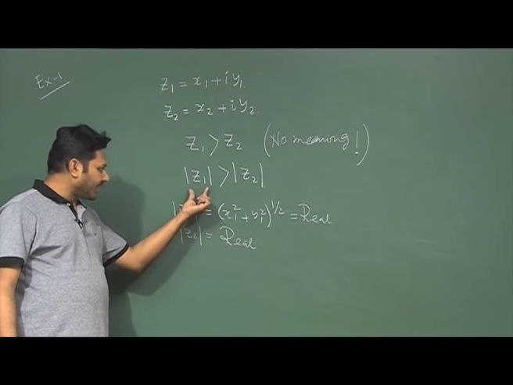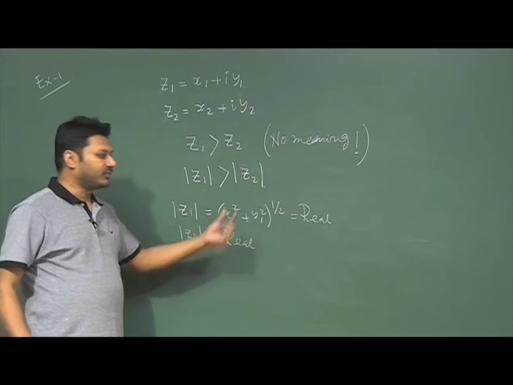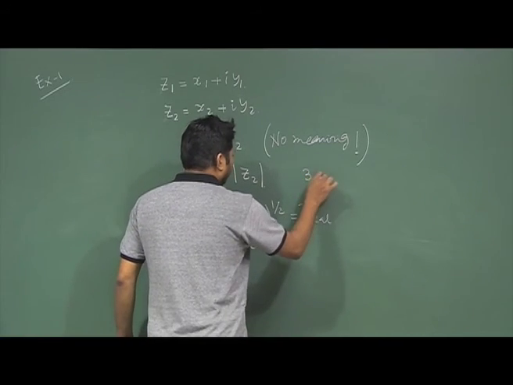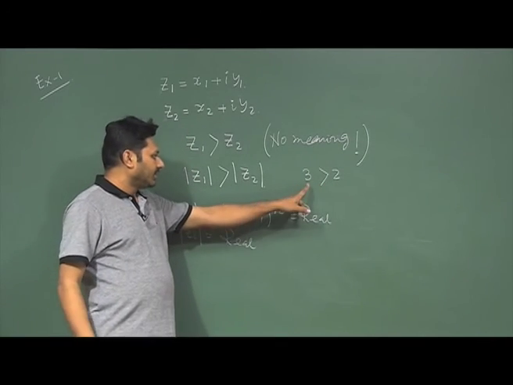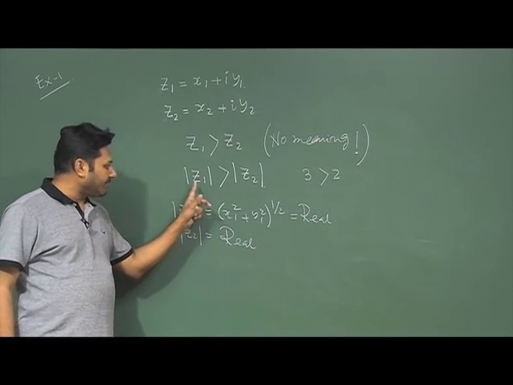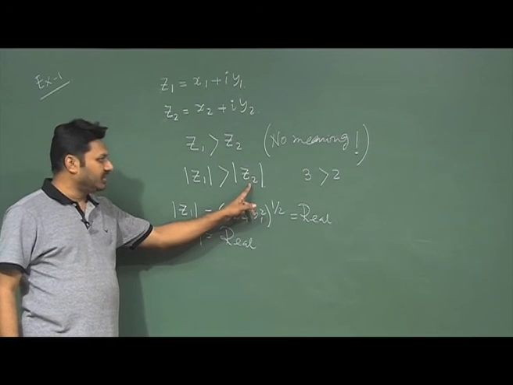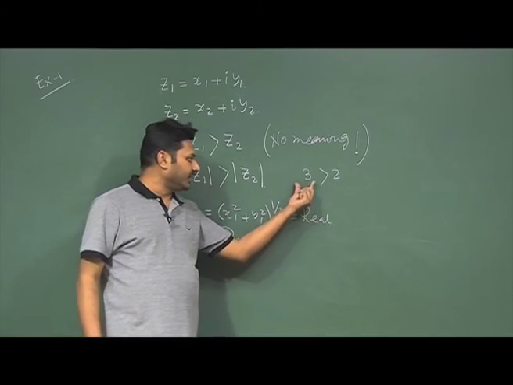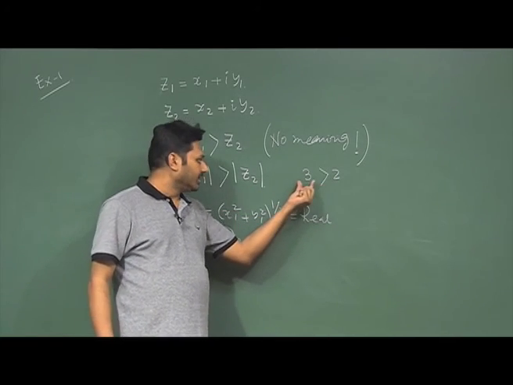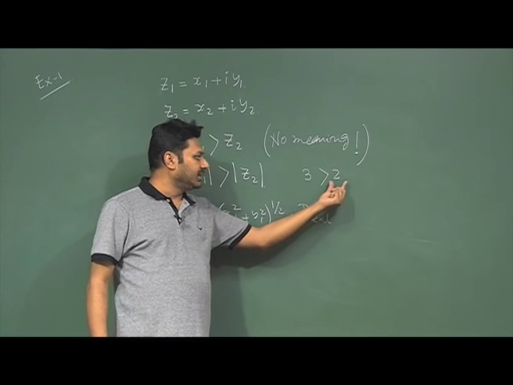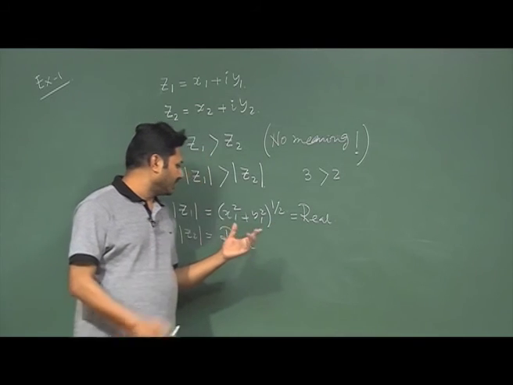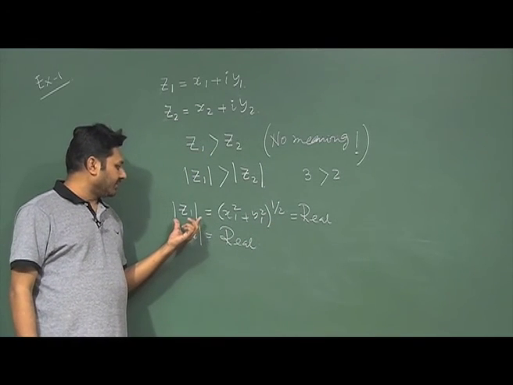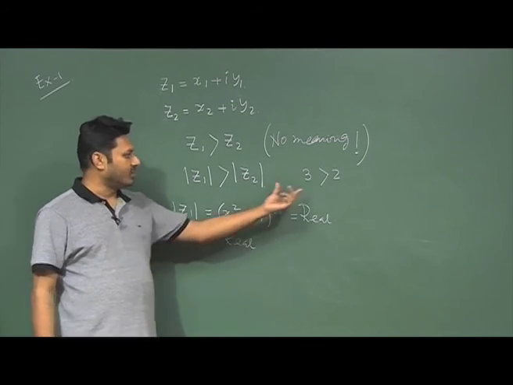So basically the magnitude of this real number may be greater than that. For example, 3 should be greater than 2, because 3 is the magnitude of this and 2 is the magnitude of that. So I have real numbers which are measurable and which give you an idea of the length or magnitude of the quantity, and then I can compare.